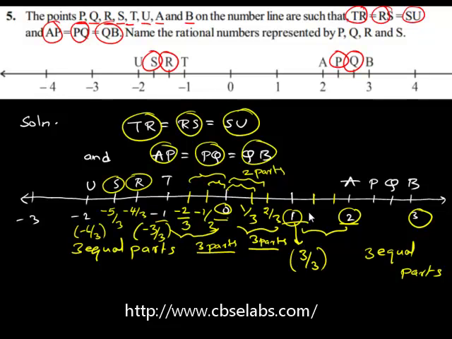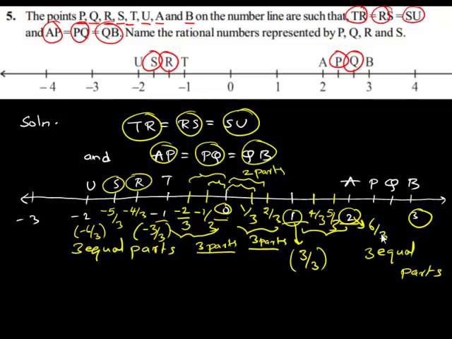So we have the next point will be 4 upon 3, and this will be 5 upon 3. 2 can be represented as 6 upon 3. Then the next rational number after 6 upon 3 will be 7 upon 3, and this will be 8 upon 3, and 3 can also be written as 9 upon 3.